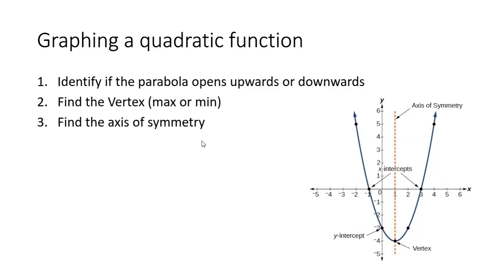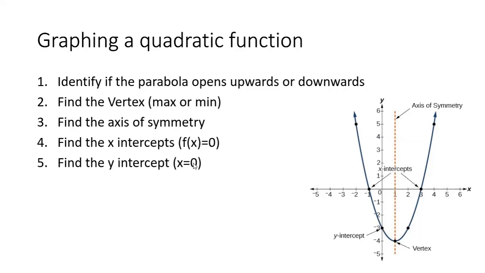We want to find the axis of symmetry, and again, that's just x equals the x coordinate of our vertex. We want to find the x-intercepts, so we set our function equal to 0 and solve for x. We can find our y-intercept by setting x equal to 0 and solving for y. And then we want to plot these points and draw a smooth curve.